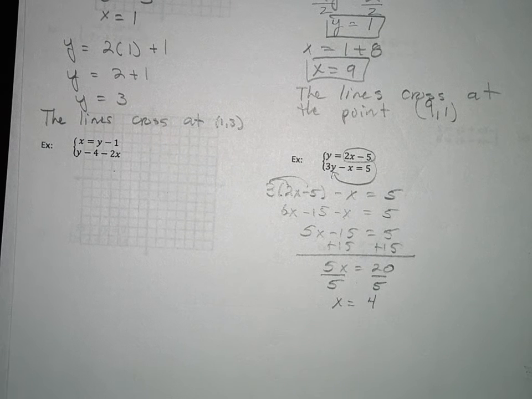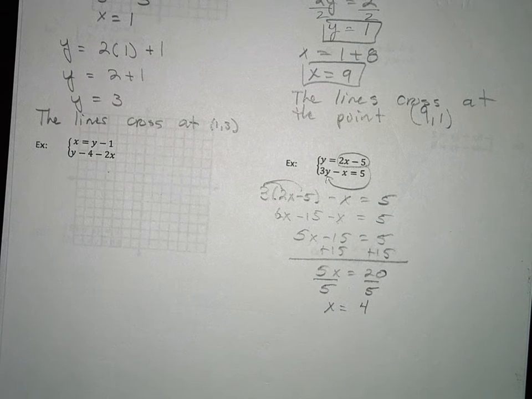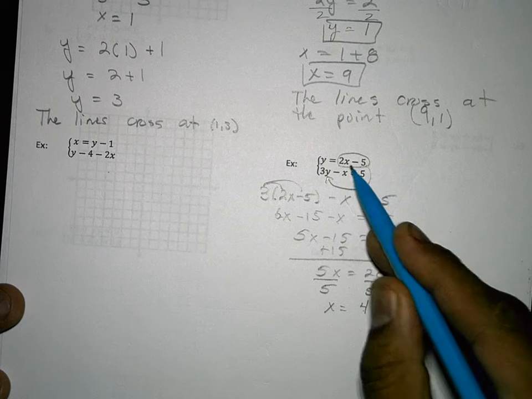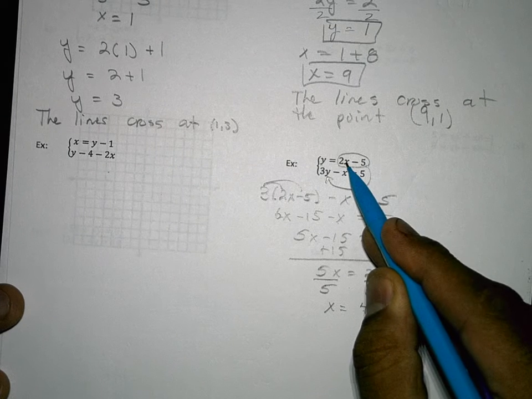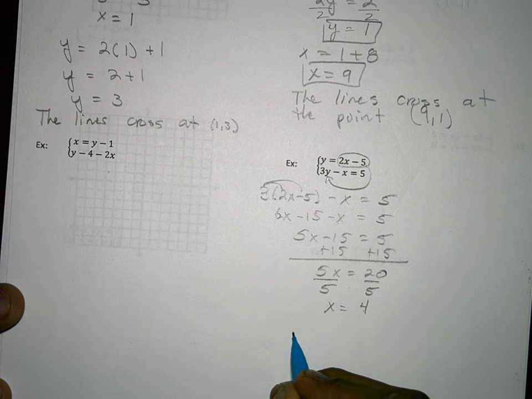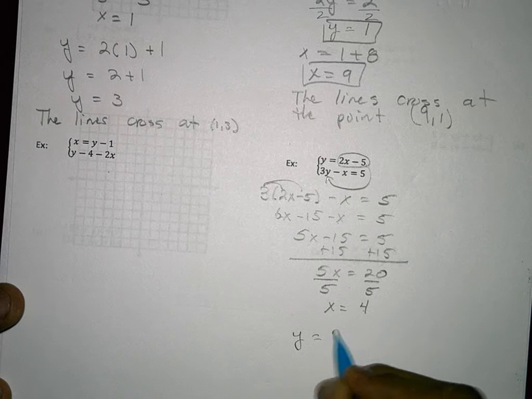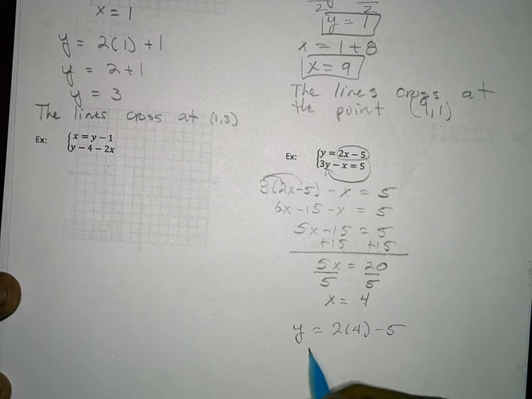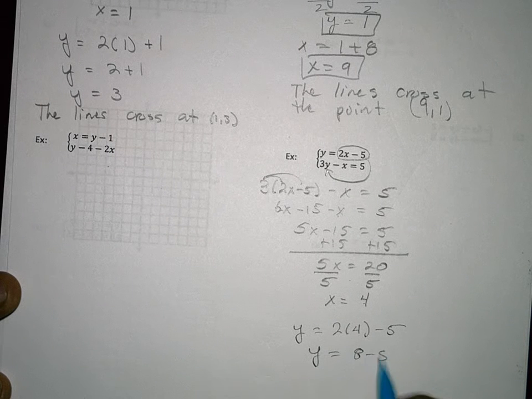And x equals 4. So I'm halfway done. I've got to find the other point. So I've got x equals 4, so I'm going to put it right there, and then I'll work out the y. And y equals 2 times 4 minus 5. y equals 8 minus 5. And y equals 3.